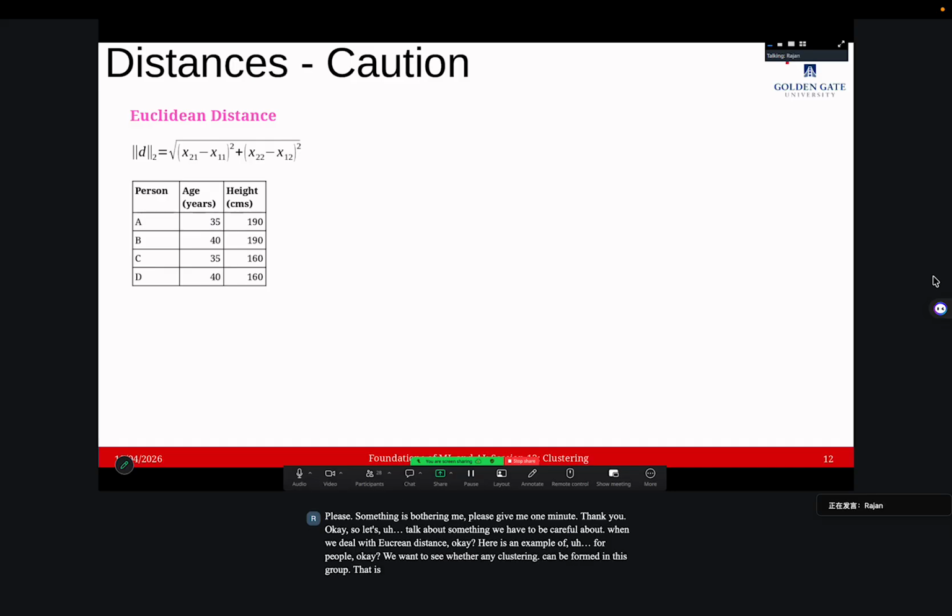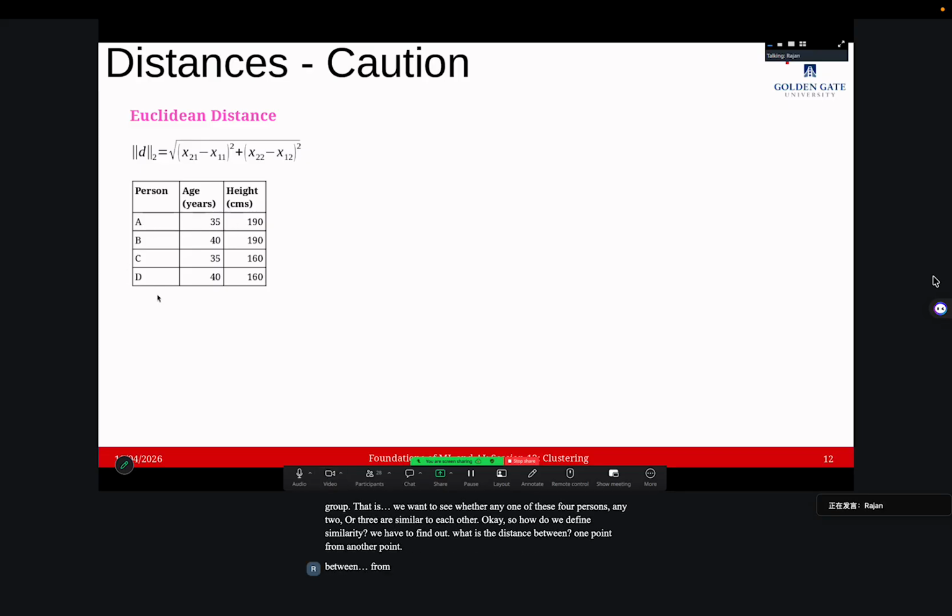That is, we want to see whether any 2 or 3 of these 4 persons are similar to each other. So how do we define similarity? We have to find out the distance from one point to another point. So from A to B, A to C, A to D.